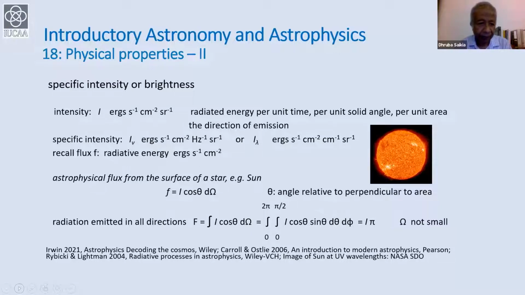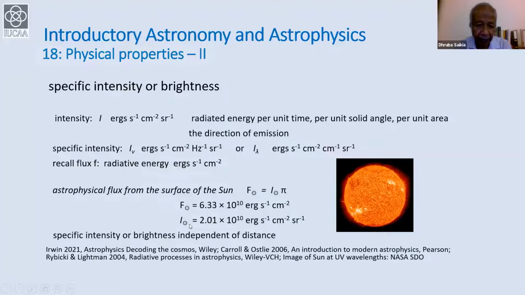This we have already gone through. This just gives you estimates based on the flux of the sun at the surface, which is something you all calculated very recently. If you want to calculate the surface brightness of the sun, you just divide by pi, and that will give you 2.01 × 10^10 erg per second per centimeter squared per steradian.